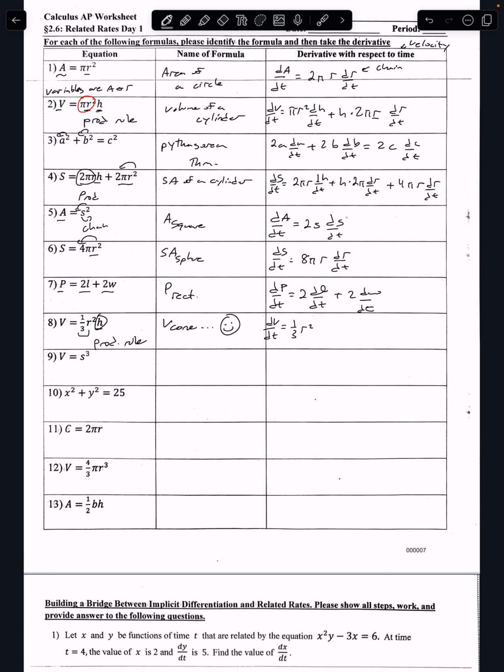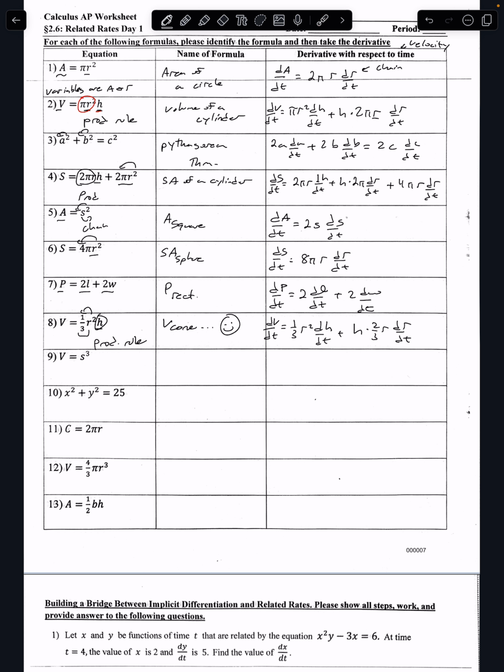H is my variable here, dH dt, plus the second h times the derivative of the first. That becomes 2/3 r dr dt. Just like implicit differentiation. Well, why don't we do it on the h? Well, that becomes h to the first, so it's just dh dt. H to the 0, I mean.